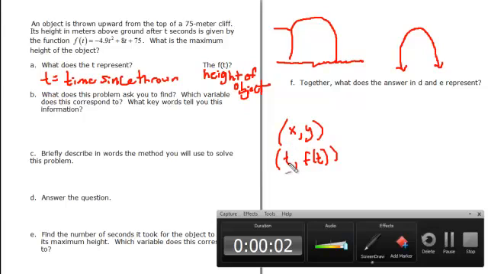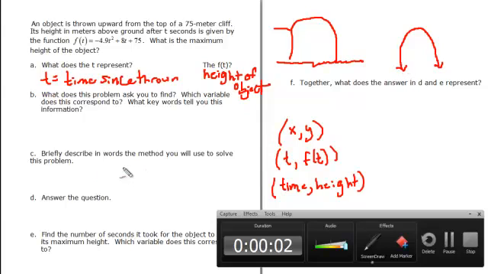So x is like your t, y is your f of t, and then I'm going to write in words what that is. So it's time and then height. So x, t, time, all the same thing. y, f of t, height, all the same thing.